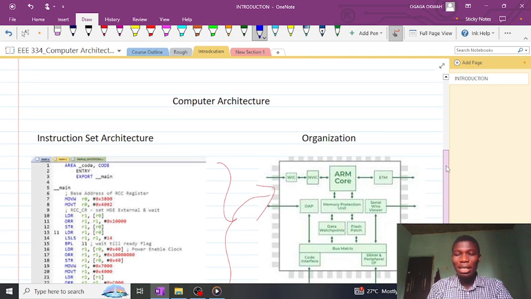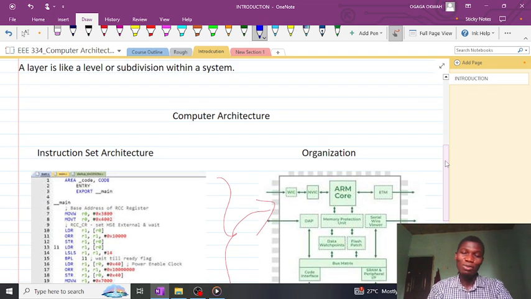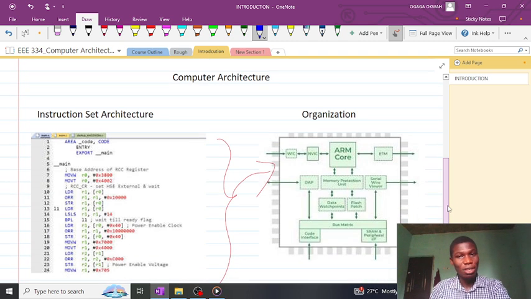Computer architecture, we can look at in two parts: instruction set and organization.